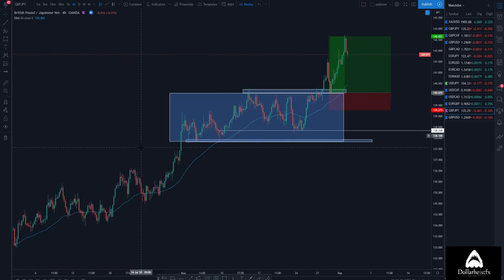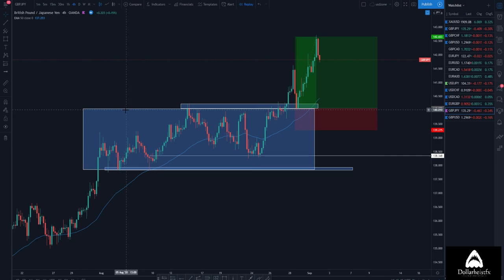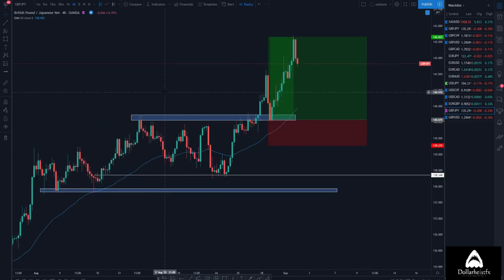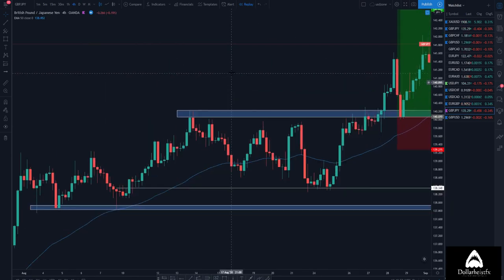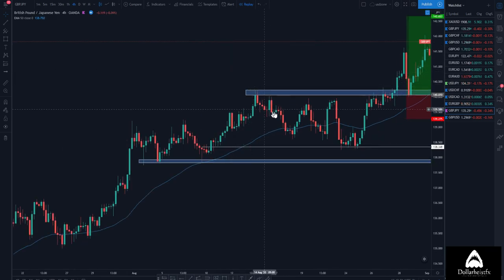And for the beginners out there, I suggest you avoid trading correction movement, because it's going to be a pain if you trade them, like I just showed you in a real example.